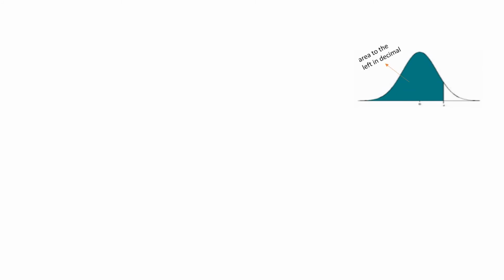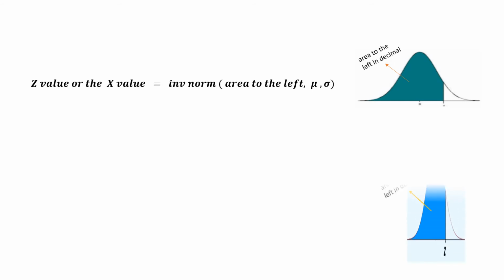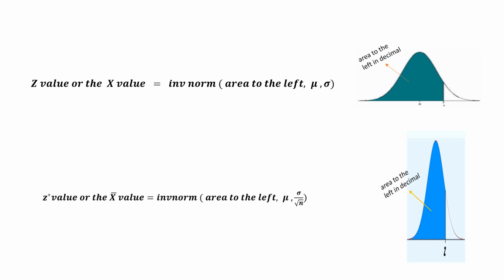The same way, if the area is given in decimal, then in chapter 11 we said, in order to find the z value or the x value, the value on the line, if this value is unknown to us, we use the key inverse norm, area to the left in decimal, mu, sigma. What happens to this peak curve, the sampling distribution? You can use the same key inverse norm, but this will be area to the left, mu, not sigma, sigma divided by square root of n.